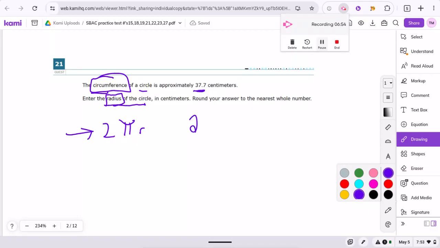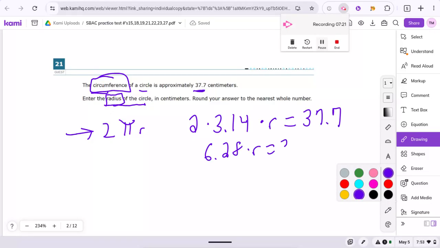So 2 times 3.14 times the radius equals 37.7. So then I would multiply those together. The 2 times 3.14, and I get 6.28 times the radius equals 37.7.